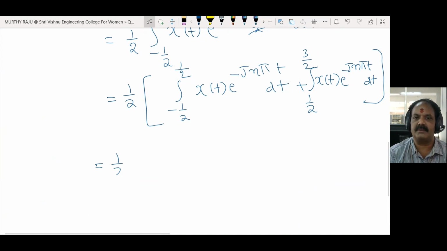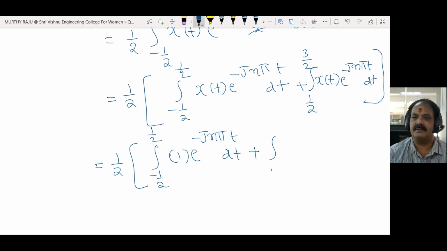That is equal to 1/2 times the integral from -1/2 to 1/2, where the value of x of t is 1, of e power minus j n pi t dt, plus the integral from 1/2 to 3/2, where the value of x of t is -1, of e power minus j n pi t dt.